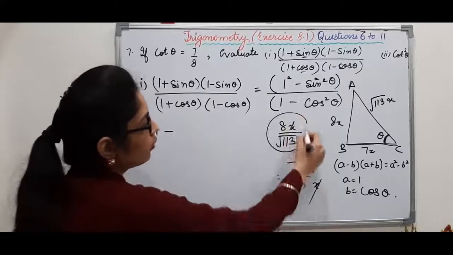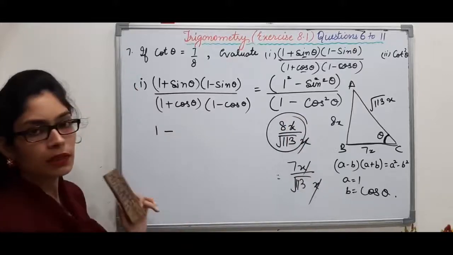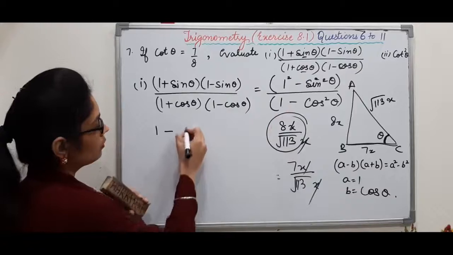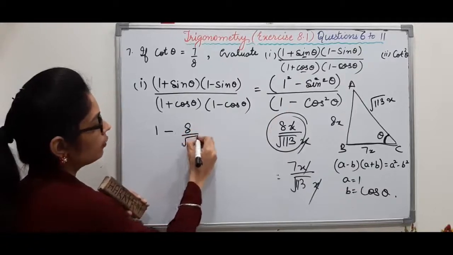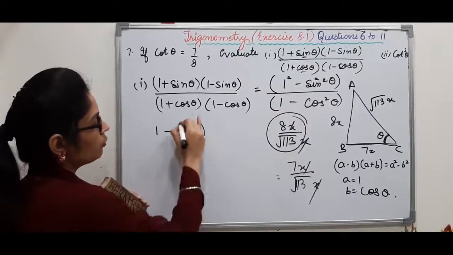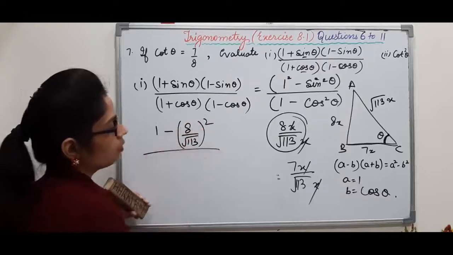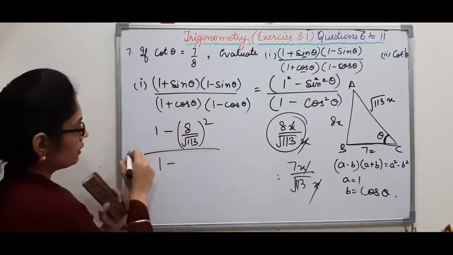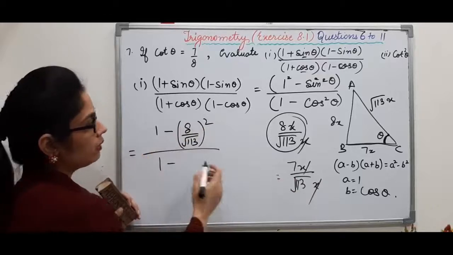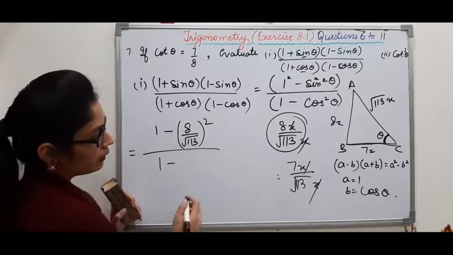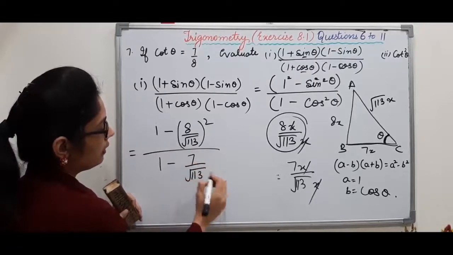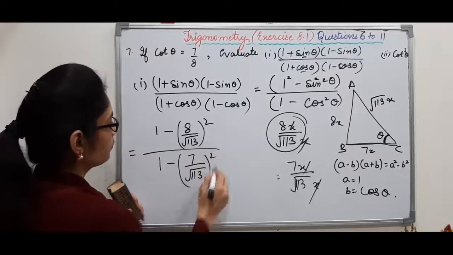This is the value of sine. Sine square means you just have to take the whole square of this value. So sine theta is 8 by under root 113, so you have to do its whole square. In the same way, this is the value of cos theta. So 1 square is 1 minus cos square theta, which is 7 upon under root 113 whole square.